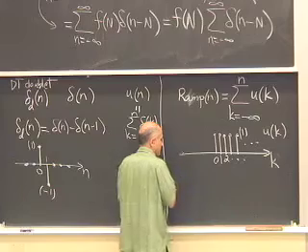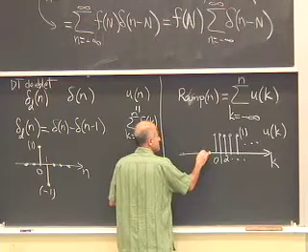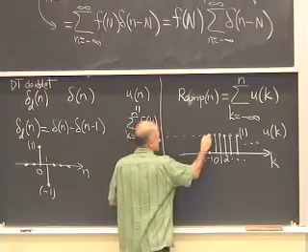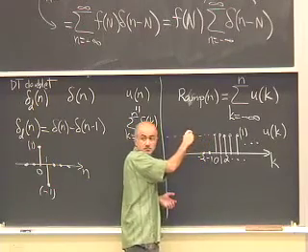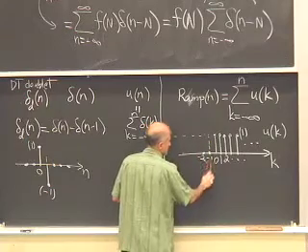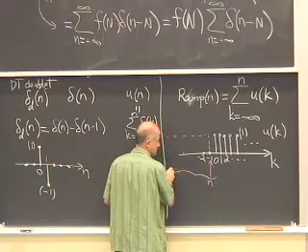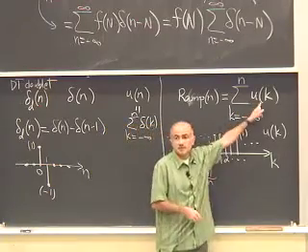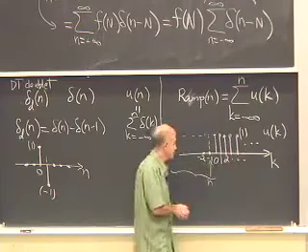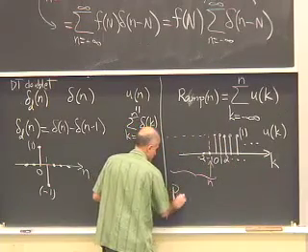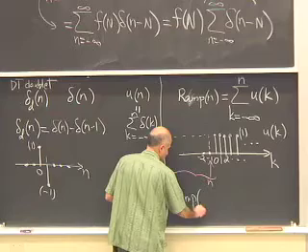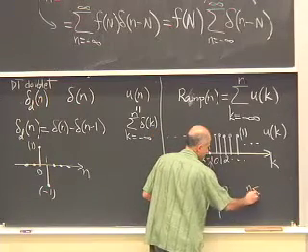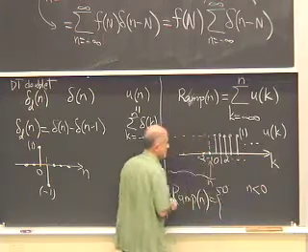So 1 is n smaller than 0. So let's say n is here. The summation is 0, right? Because I haven't hit the first non-zero value of the unit step yet. So the ramp function is 0 for n less than 0.